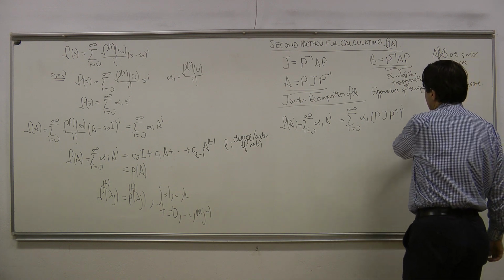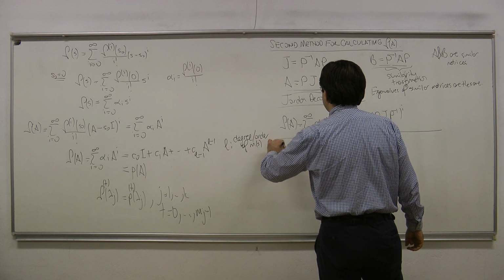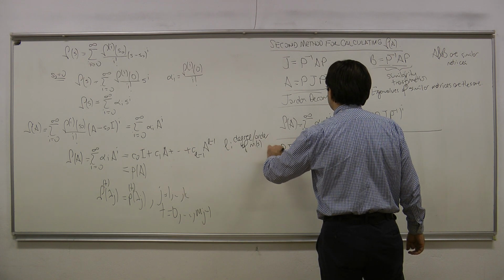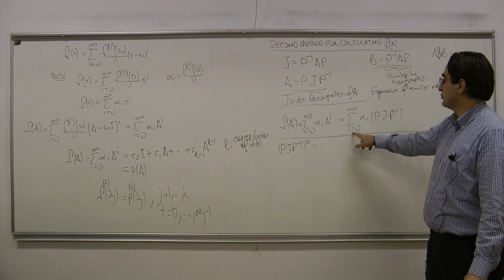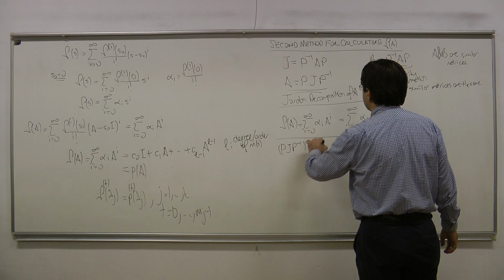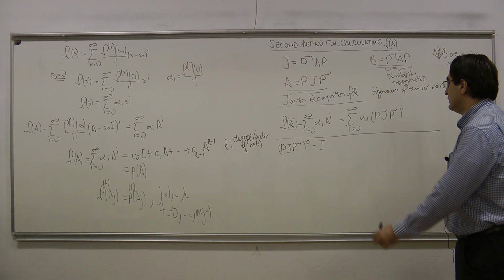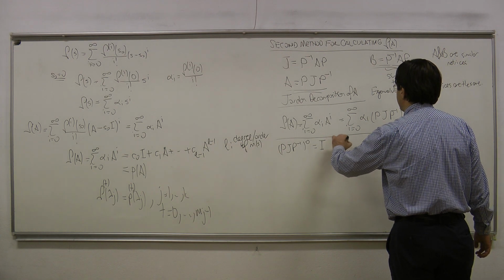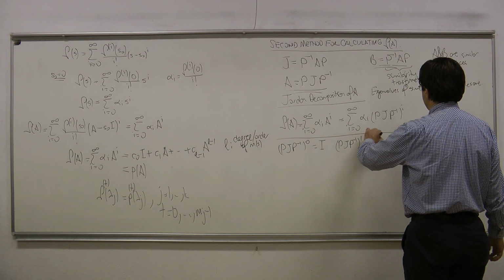Okay? So now let us see how I can do that. So P J P inverse. What is the zeroth power of P J P inverse? i equals 0 is the first term here. I know that the zeroth power of any matrix is the identity matrix. Okay? Then let us look at the first power. P J P inverse to the power 1 is, of course, P J P inverse.